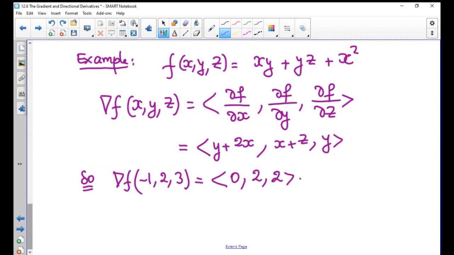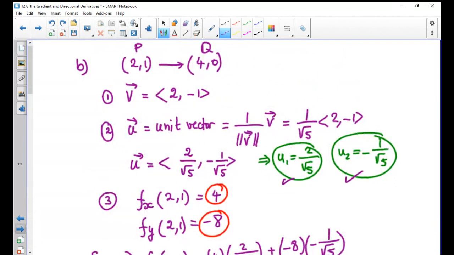So this is the gradient of this function at the point minus 1, 2, 3. So that is the gradient of a function of 3 variables. It's just the vector formed by the partial derivatives. Okay.